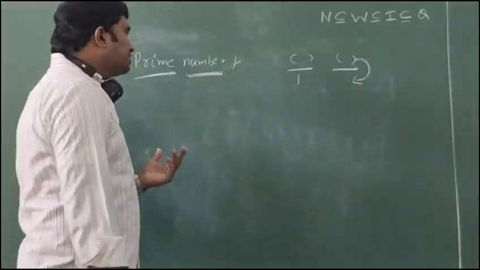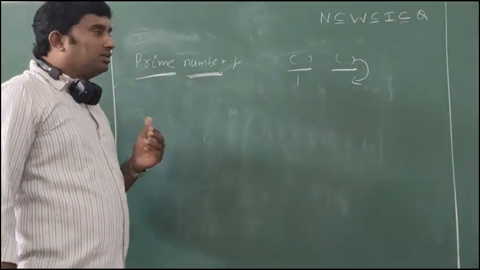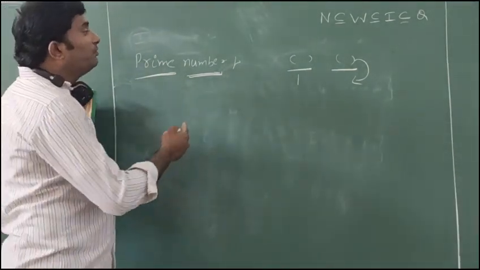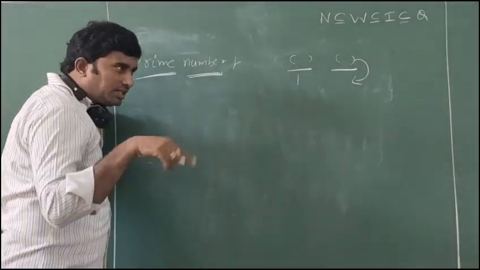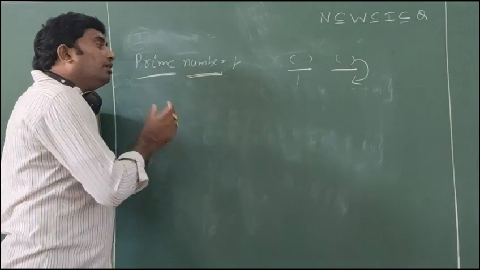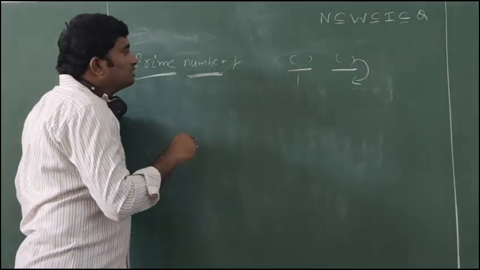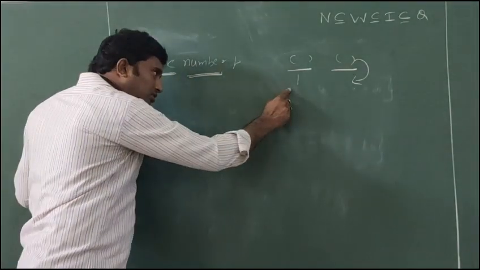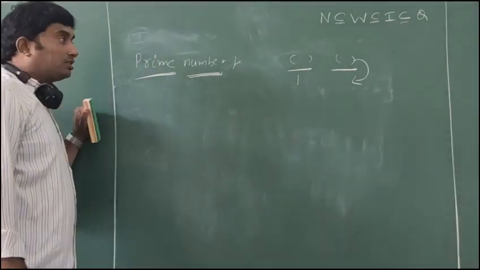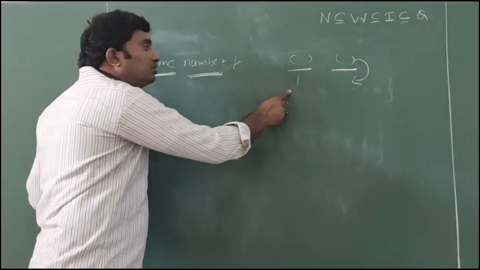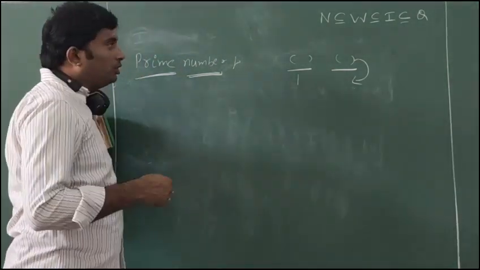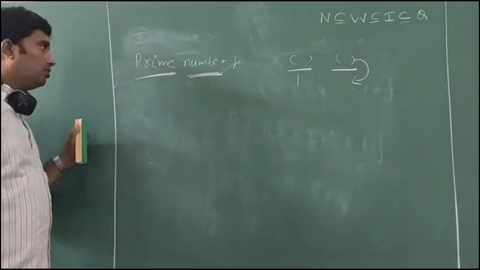If a number is divisible by 1 and itself, then that number is called a prime number. Otherwise, if a number is a multiple of 1 and a multiple of itself, then it is called a prime number. Multiple, divisible, factor, all are the same.